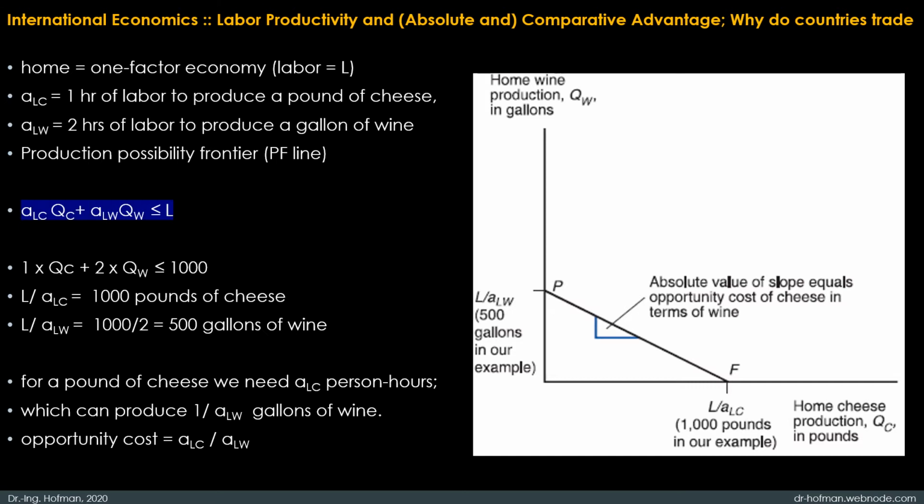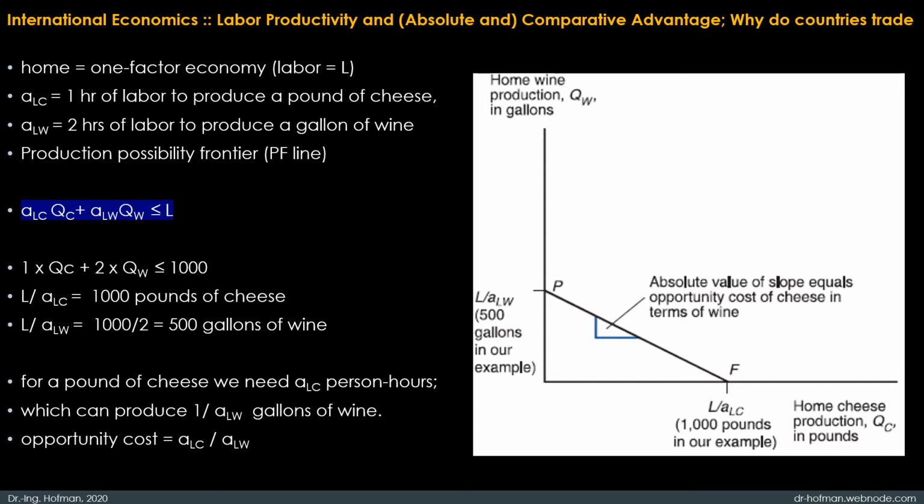Suppose, for example, that the economy's total labor supply is 1000 hours and that it takes 1 hour of labor to produce a pound of cheese and 2 hours of labor to produce a gallon of wine. Then the total labor used in production is 1 times pounds of cheese produced plus 2 times gallons of wine produced, and this total must be no more than 1000 hours of labor available.